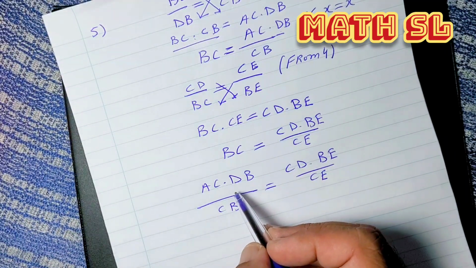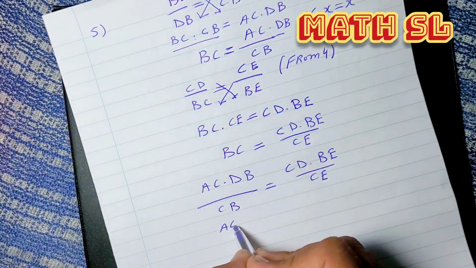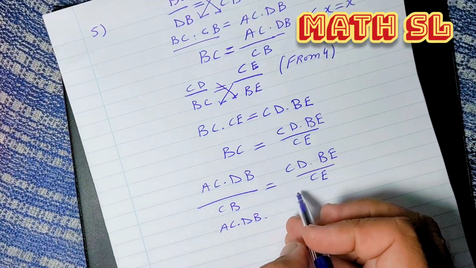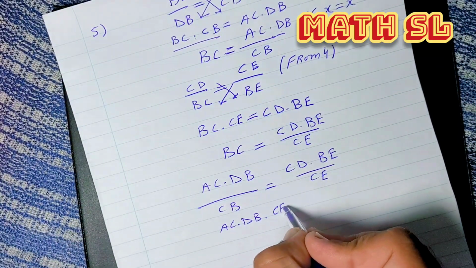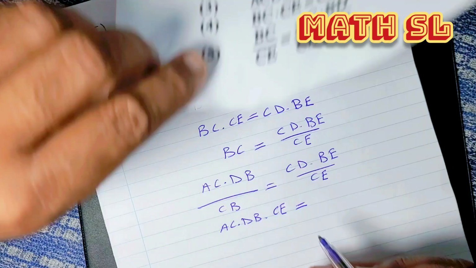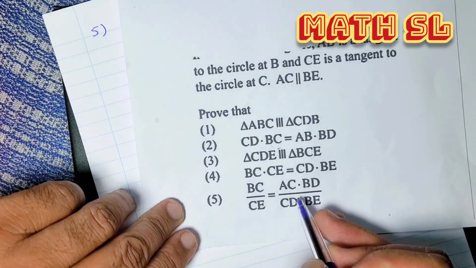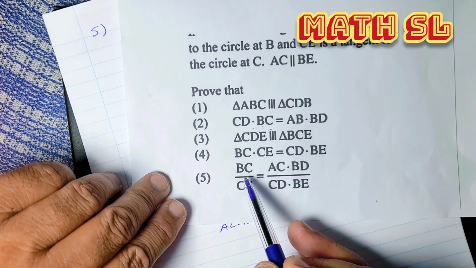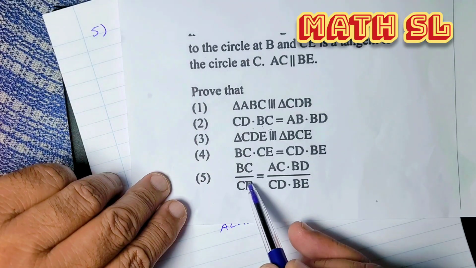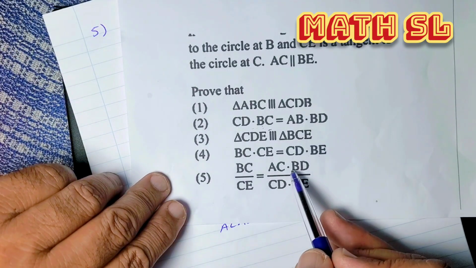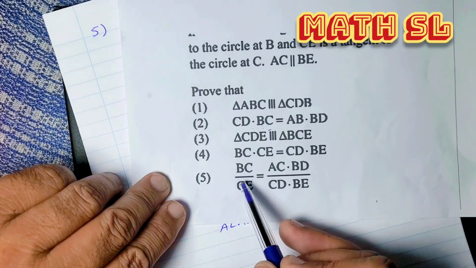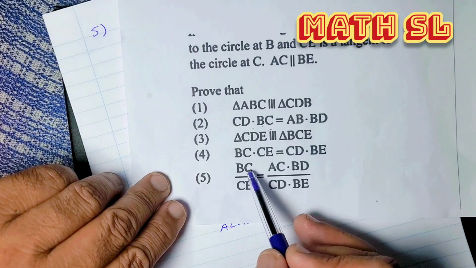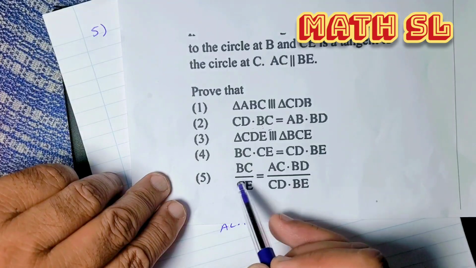So it's going to be AC times DB times CE. Must remember the requirement of the question: BC must be isolated on the left hand side, so we are only working with numerator and denominator. That's why we take out BC first, because we need BC on the left hand side.